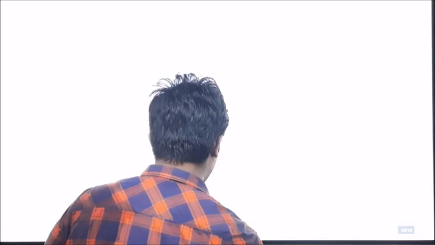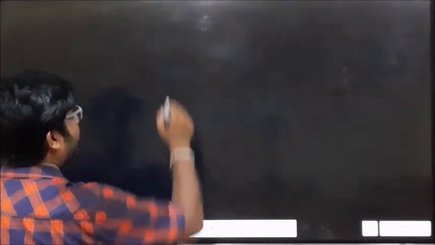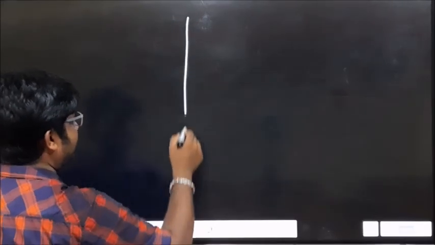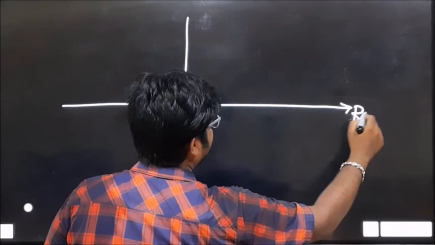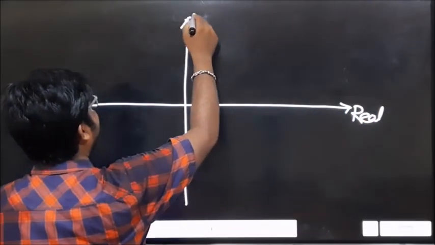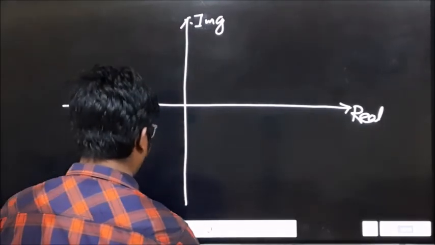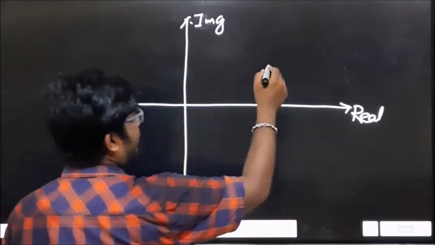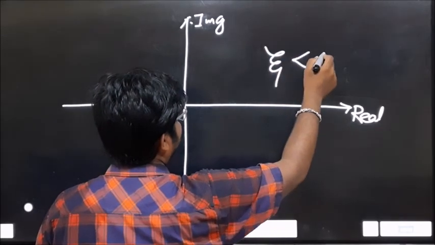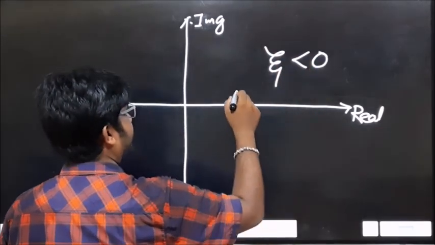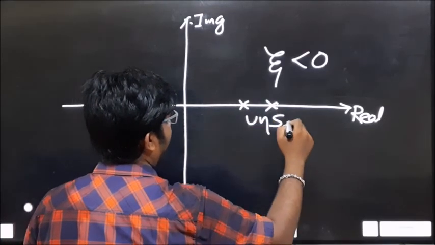Here you can summarize this in a particular slide. This is my S-plane, this is my real axis, this is the imaginary axis. Whenever zeta is less than 0, the poles are in the right half, and the system is unstable.